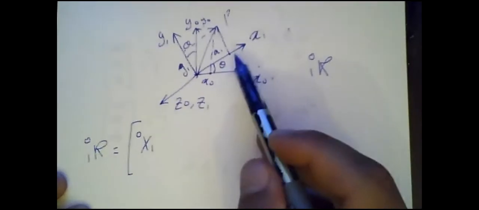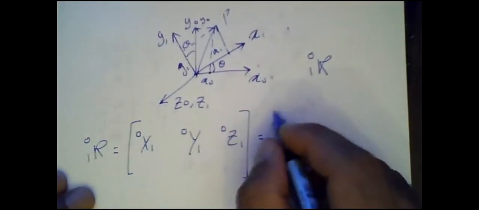Okay, so recall R01 is actually what we said, X1 in frame 0, so unit vector X1, how do you express that unit vector in the base frame? And then Y1 in frame 0, and then Z1 in frame 0. All right. What is the unit vector X1 in frame 0?